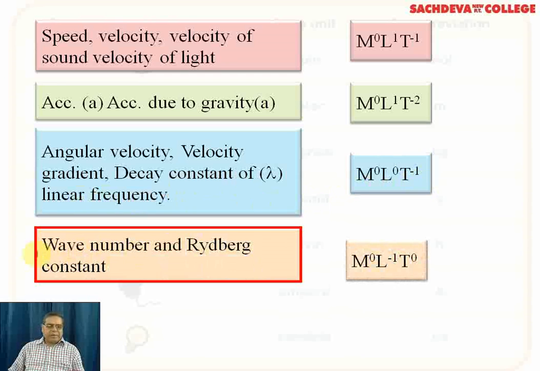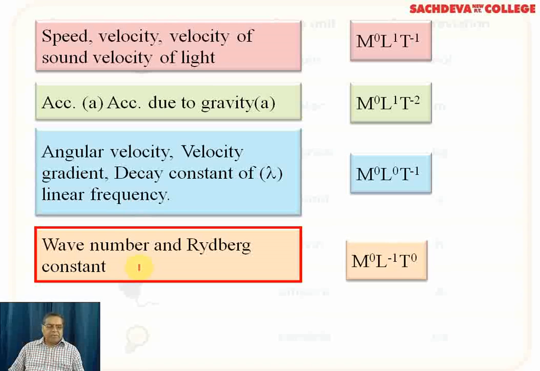Now comes the wave number. Wave number is 1 over lambda. The reciprocal of wavelength is called the wave number. Similarly, the Rydberg constant; both the quantities have the same dimensional equation. In order to find the Rydberg constant, we must know the equation of wave number.